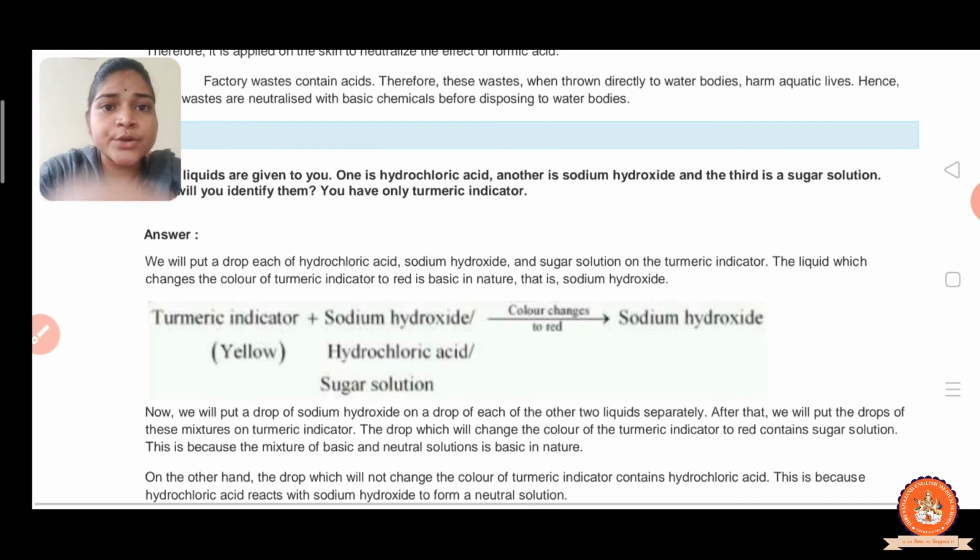So first, what do you have to do? First we will put a drop of each of hydrochloric acid, sodium hydroxide and sugar solution on the turmeric indicator.